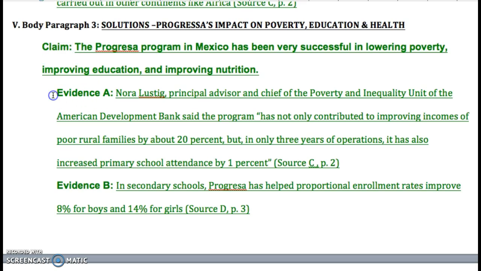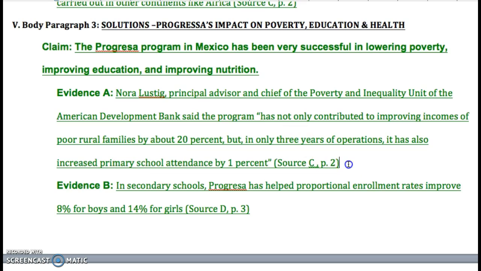So, evidence A. Nora Lustig, a principal advisor and chief of the Poverty and Inequity Unit of the American Development Bank, said the program has not only contributed to improving incomes of rural poor families by about 20%, but in only 3 years of operations, it has also increased primary school attendance by 1%.